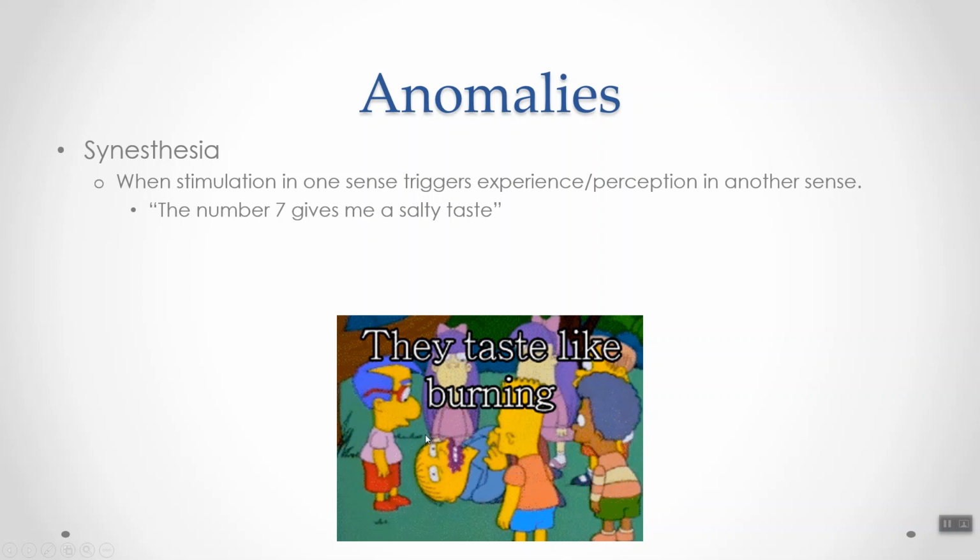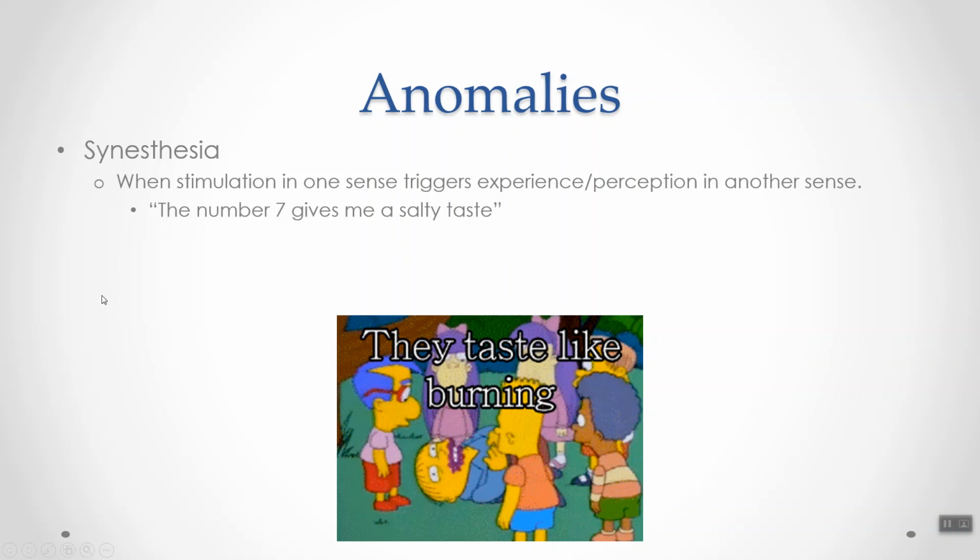So with Ralphie, it tastes like burning. You know, it's the taste. Burning isn't a taste, right? Some people might report something like the number 7, some visual stimuli gives me a salty taste. Okay, so 7 is salty. So this is something that triggers the experience or the perception in another sense where you shouldn't be experiencing something, right?